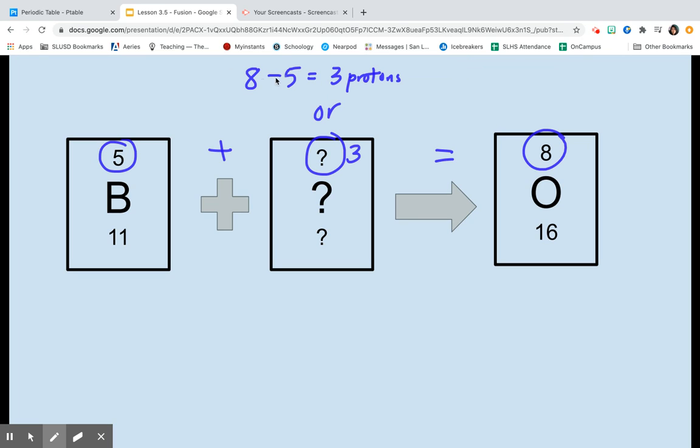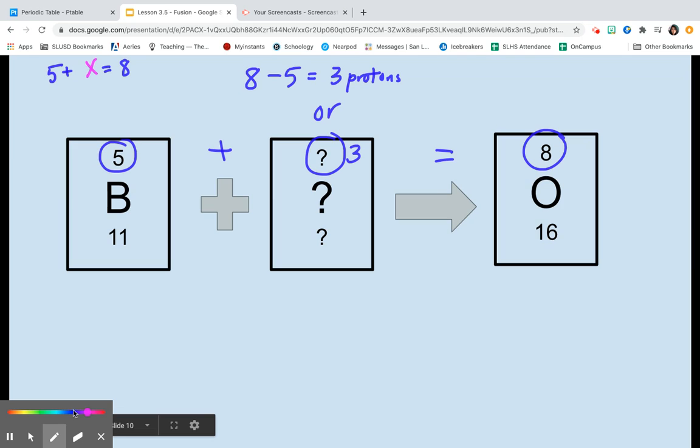So the way I got to this equation is I have 5 plus something will give me 8, right? If I want to figure out what this variable is, if you recall in math class, we don't put a question mark there. We put a letter in place of the question mark, so we might call it x. So 5 plus x equals 8.